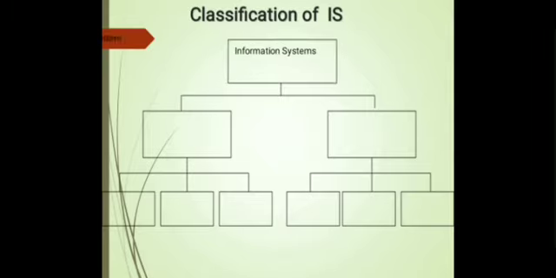Classification of information system: it is broadly divided into operation support system and management support system. Operation support system processes data generated by business operations. On the other hand, management support system provides information and support needed for effective decision making by managers at various levels of management. Operation support system includes transaction processing system.